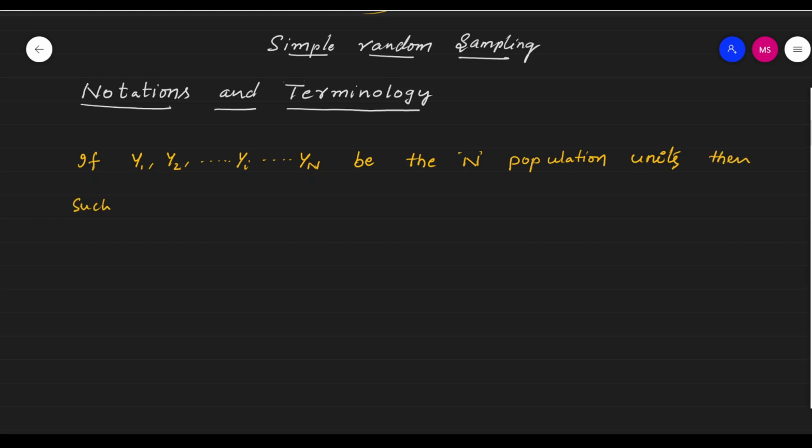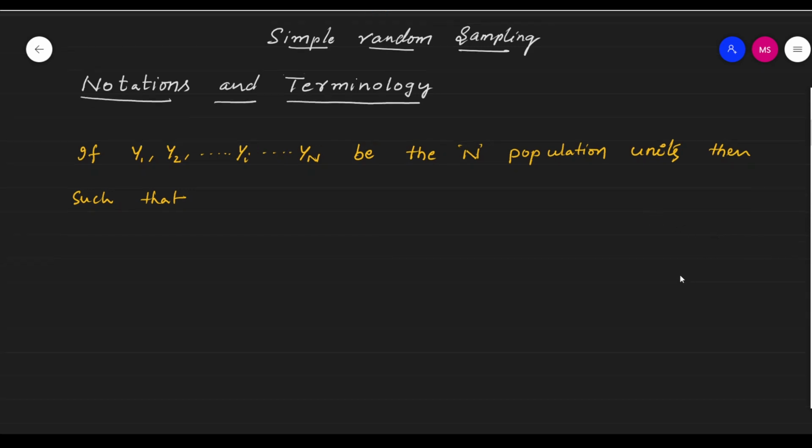I'm taking the population information first of all. So Y1, Y2, and so on YN, with the capital N population units. This could be any type of population, right?